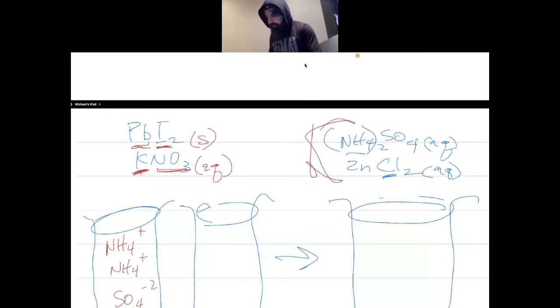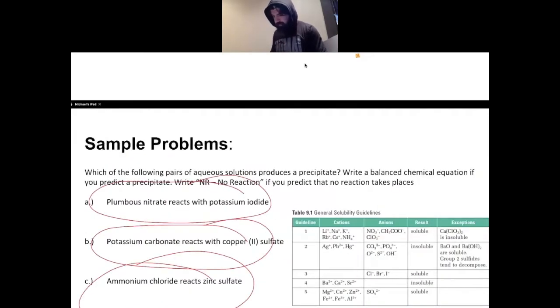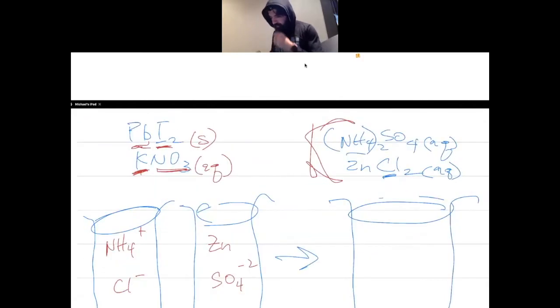In the second beaker, no, that was not the case. Sorry, I put the products. I forgot that those were the products. NH4 was together with Cl, and zinc was coupled with sulfate. That was the initial reactant here in this example: ammonium chloride and zinc sulfate. Sorry, I wrote the products.